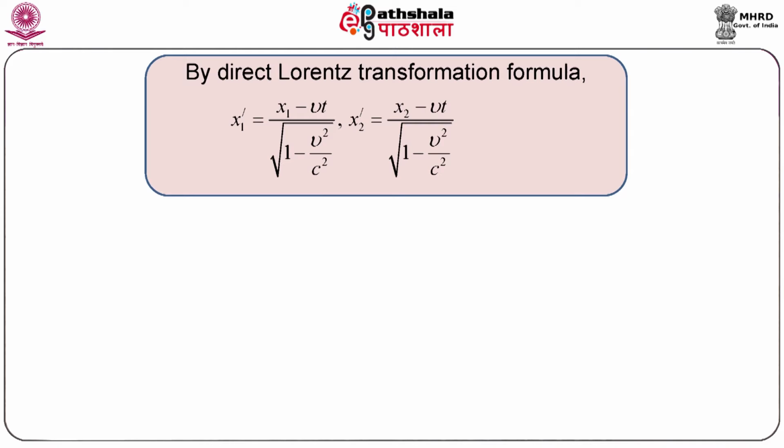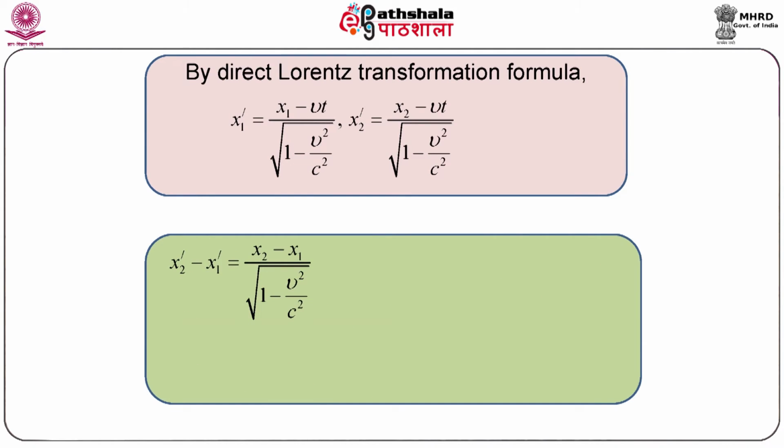In the first equation, x1' is connected with x1. x1' is the coordinate in frame S dash, while x1 is the corresponding coordinate in frame S. Similarly, the second equation connects x2' with x2. x2' is the end of the rod in frame S dash, while x2 is the corresponding coordinate in frame S. v is the velocity with which frame S dash is moving along the common x axis with respect to fixed frame S. c is the speed of light and t is the time here.